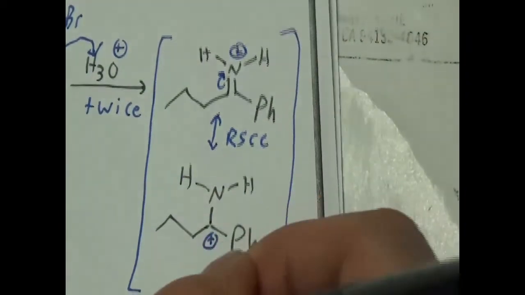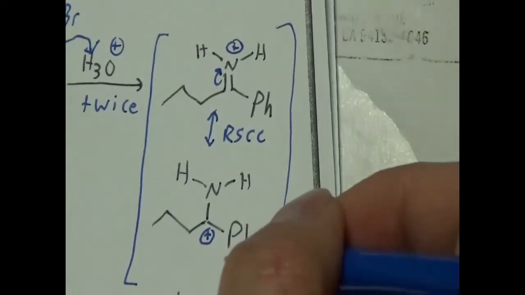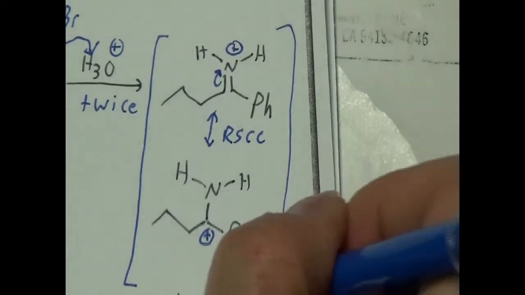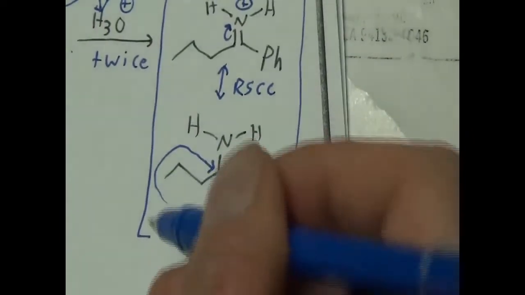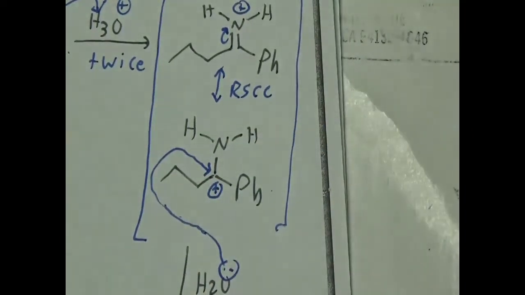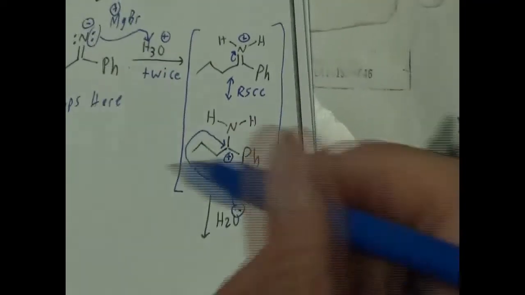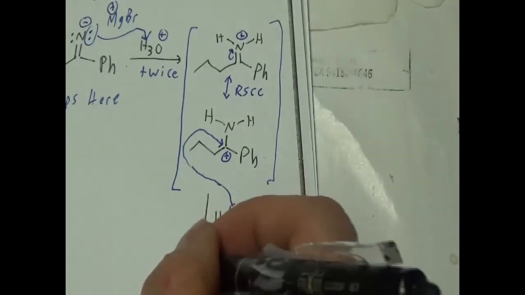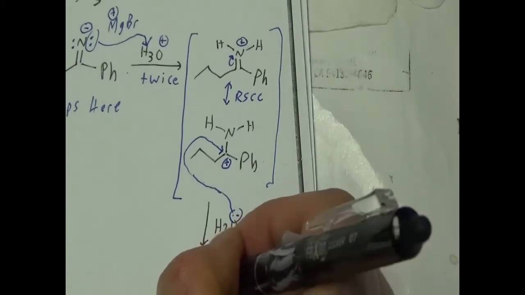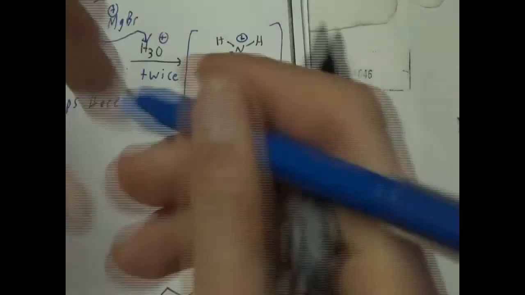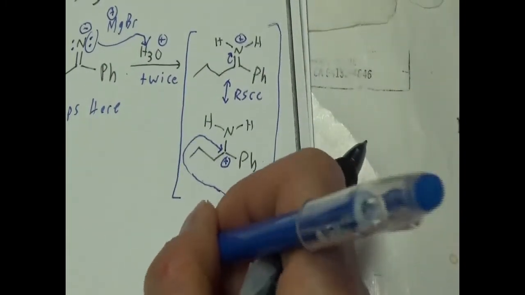Okay, so now I'm just going to have water attack the carbocation. I'm going to sneak it around there. Water attacks the carbocation, and now water's attached to that carbon, giving OH2 plus and the nitrogen with its hydrogens.